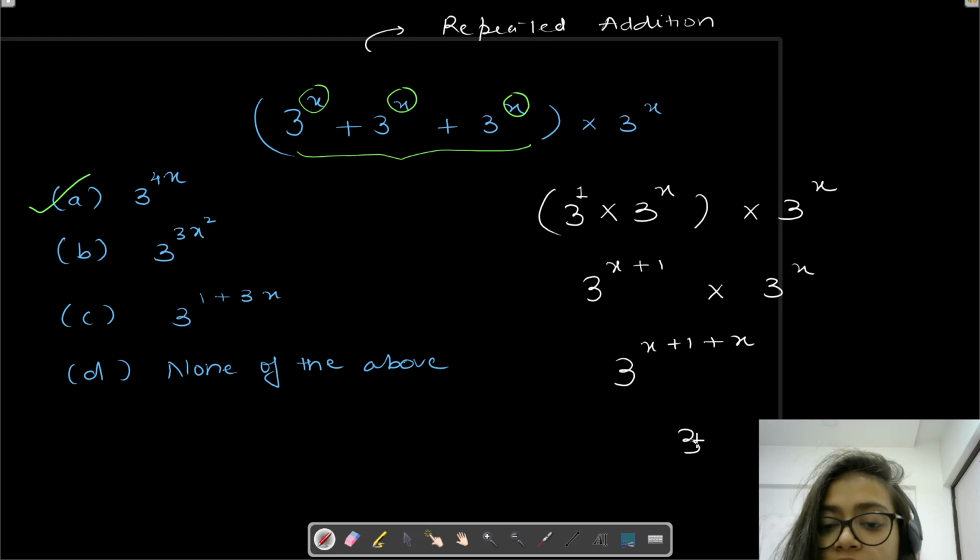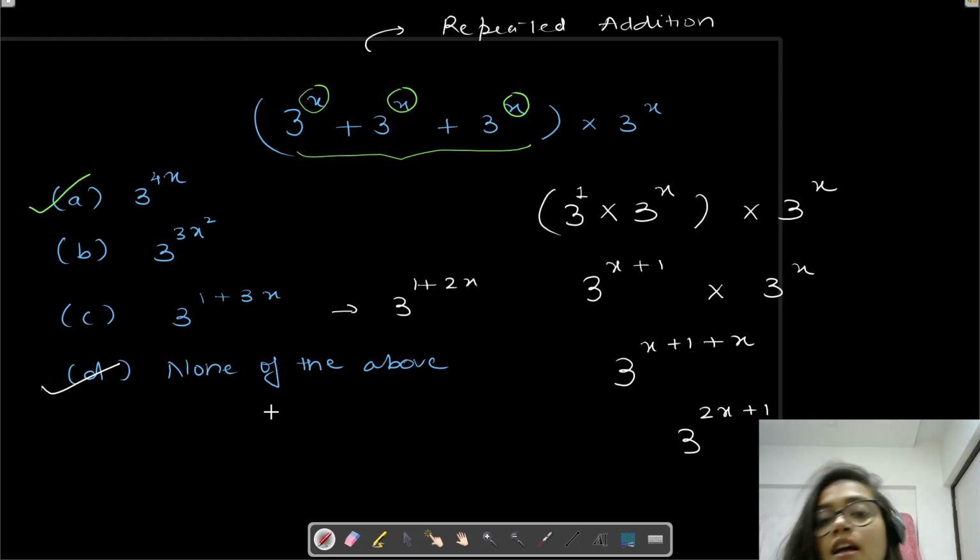So I get 3 raised to 2x plus 1. Well, this is not present in any of the options, so none of the above is correct. If this option had been 3 raised to 1 plus 2x, then this would have been correct. But for this one, none of the above, option D, is correct.